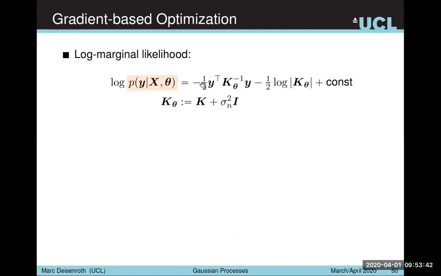We had that expression yesterday already. There is the minus a half y transpose K_theta inverse times y, defining K_theta as K plus sigma_n squared times I, minus half log determinant of K_theta plus a constant. I have the subscript theta on the K because that's the only place where the hyperparameters show up.